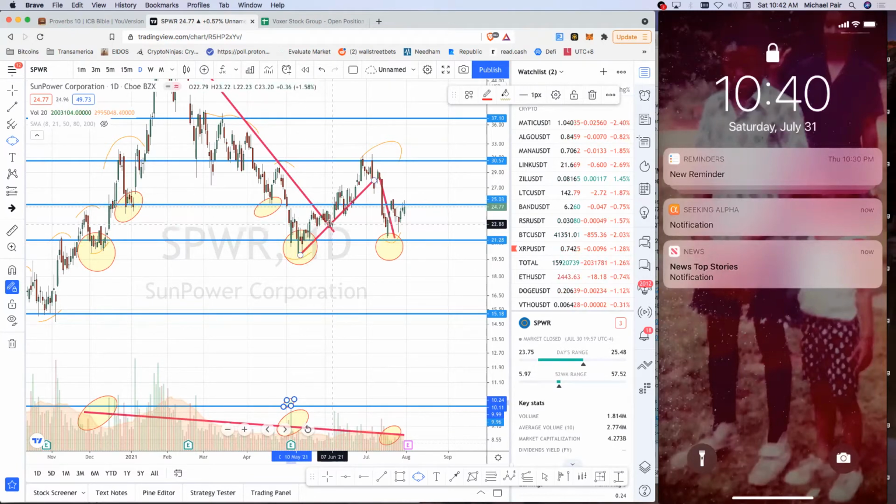It got back to this area again. There was enough buying pressure. It went higher. Got back down here. There was enough selling pressure. It went low, returned down to this 21. Now we're back here again. So based upon that, down, up, down, up, down.